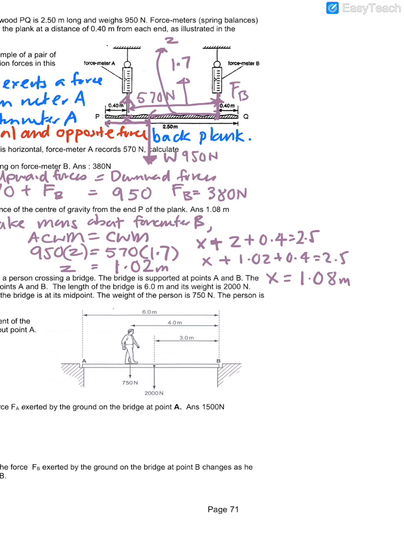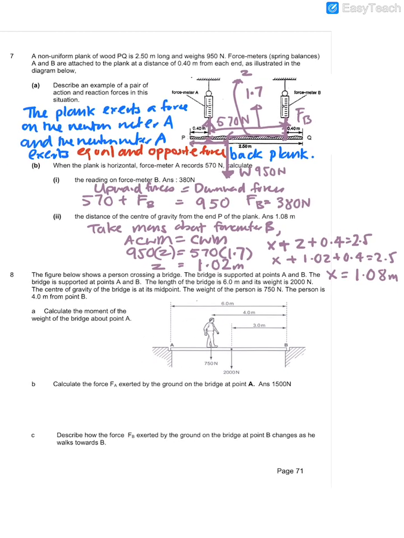X plus Z plus 0.4 gives you 2.5. So X plus 1.02, which we found, plus 0.4 equals 2.5. Minus everything, you get X equals 1.08. So you could do it this way, take moments of B. It's confusing but can be done.